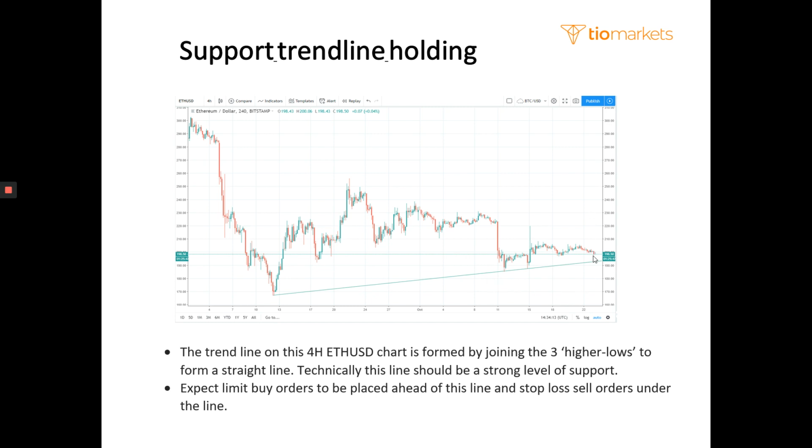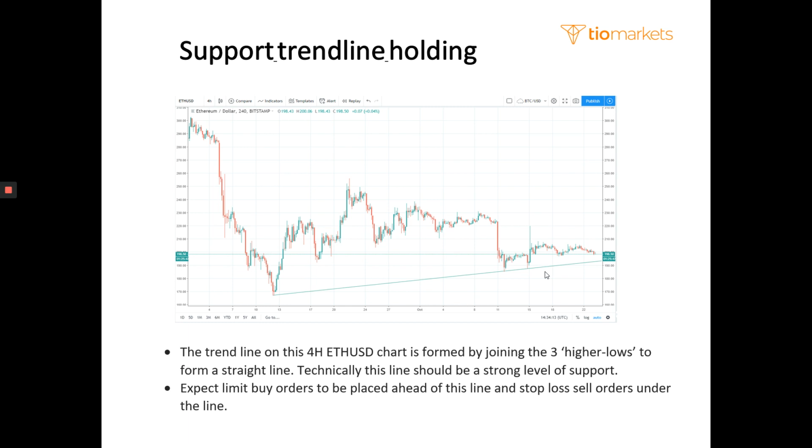Okay, I want to jump on the move as quickly as I can when it breaks, because I know there's going to be stops below the line. So I'm going to leave a stop entry order below the line to sell, to get short, in the hope that it comes down, and I'll leave a stop loss order above the line to stop myself out of that position if we get a quick move below it and then back through it again.